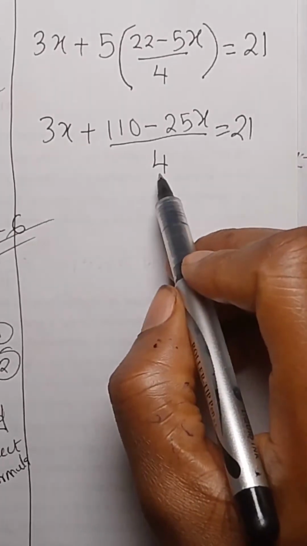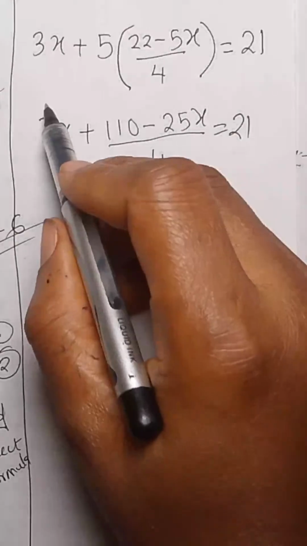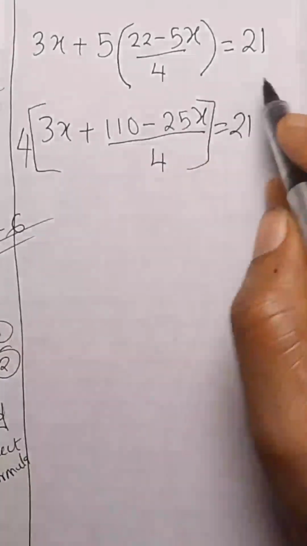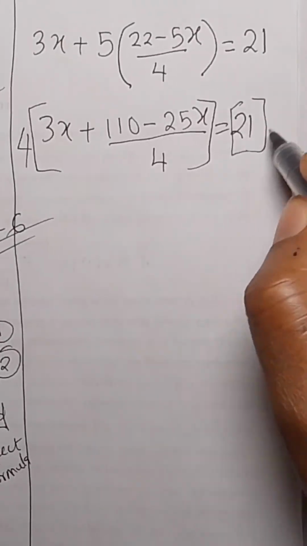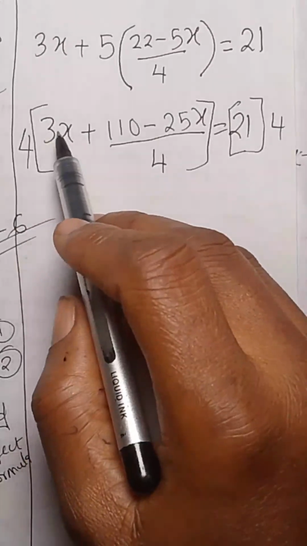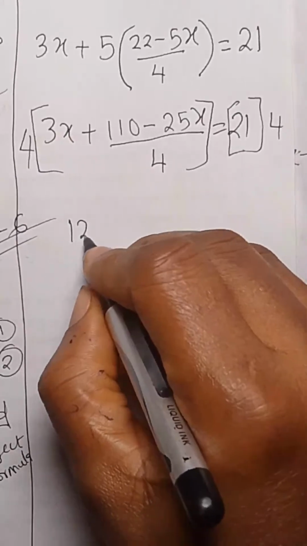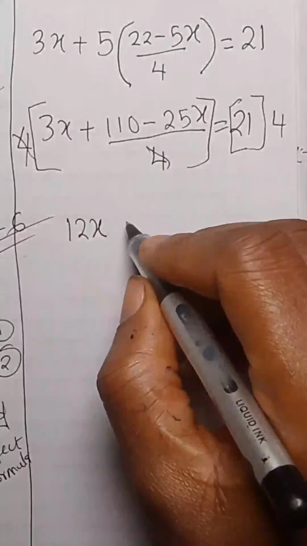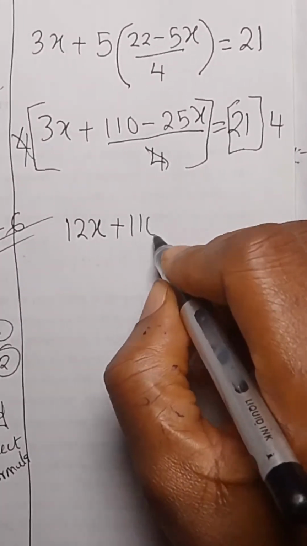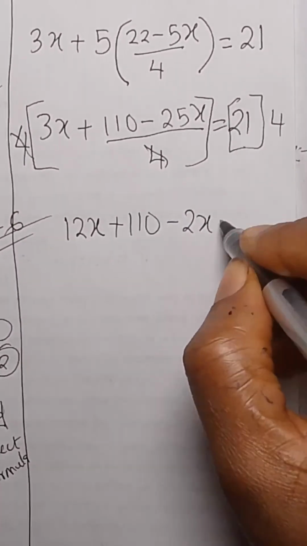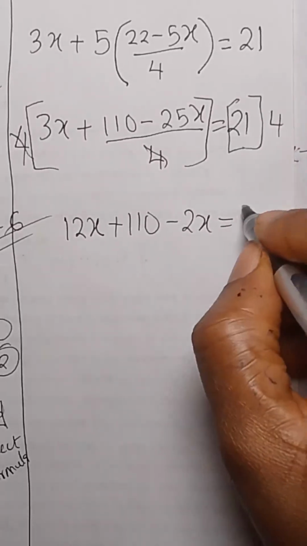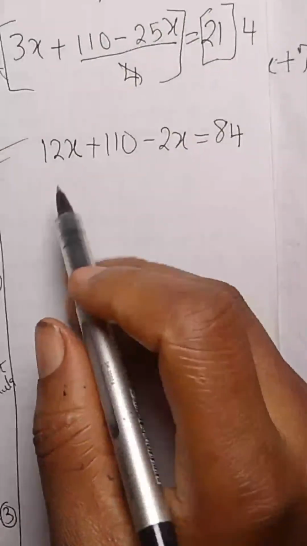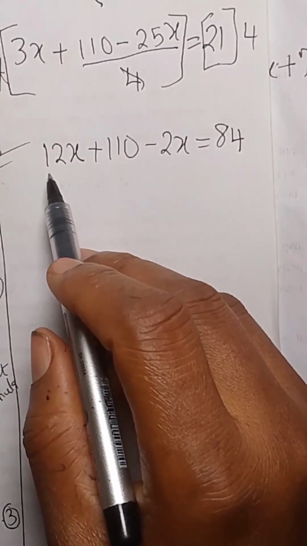So we want to get rid of this 4 here. We are going to multiply both sides by 4. 4 times 3x will give us 12x. This 4 will cancel here, and we have plus 110 minus 25x equals 4 times 21, which will give us 84.